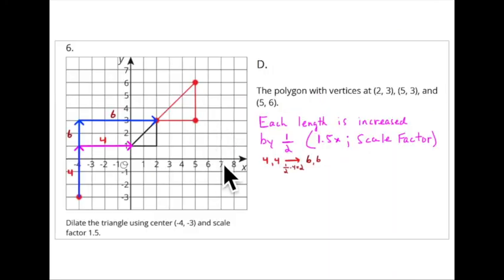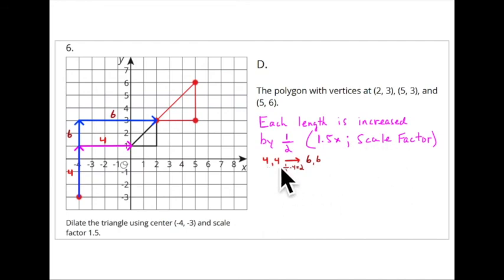So I use the vertical length and the horizontal length to help place this same triangle by multiplying the vertical lengths and the horizontal lengths with a scale factor of 3/2. So each length is increased by 1/2. So it's 1.5 times, or the scale factor.